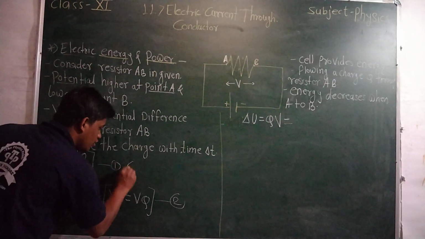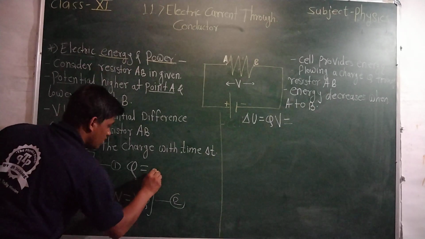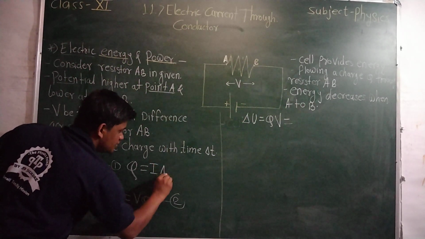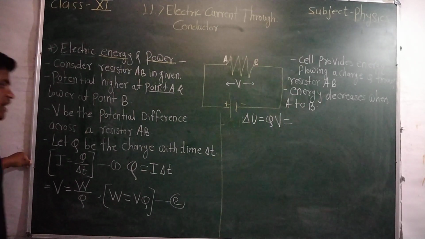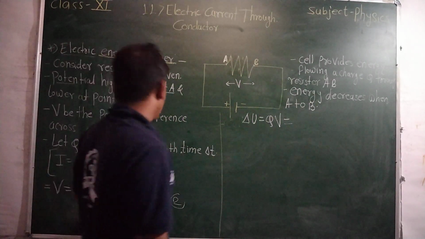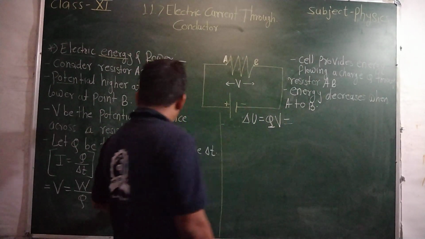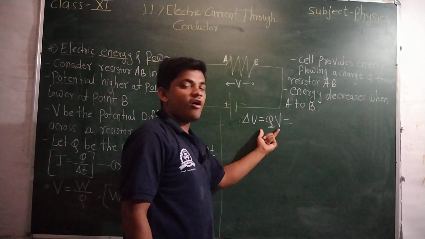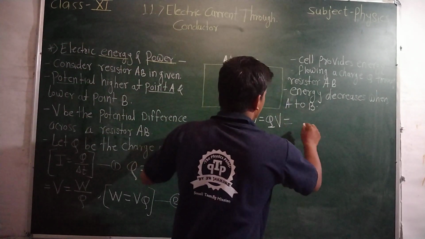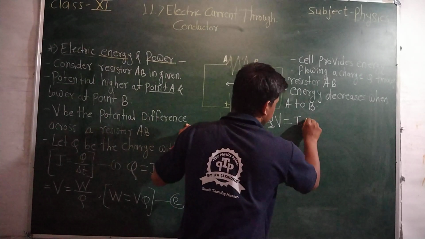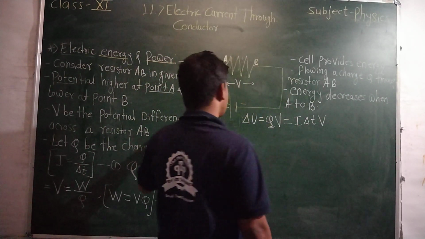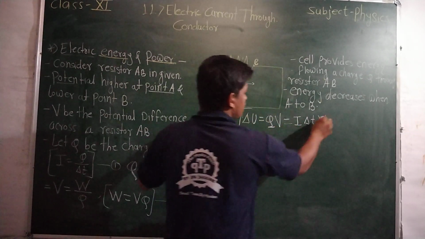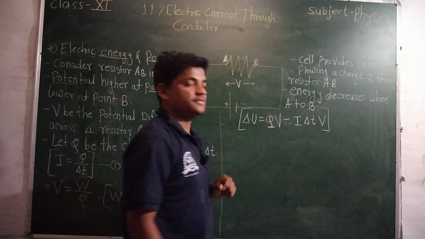I can write Q for this equation as I into delta T. This is also the equation for the charge Q in the form of current and time. Then I will write the same equation in place of Q: I into delta T into V. This is the other equation, the change in energy.